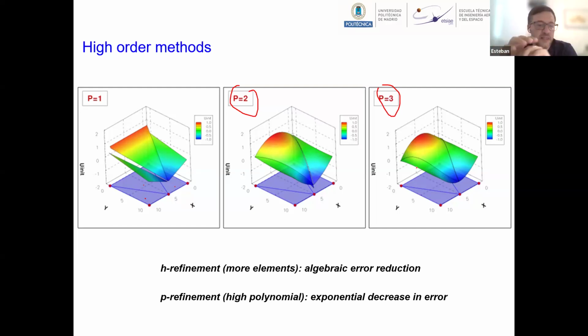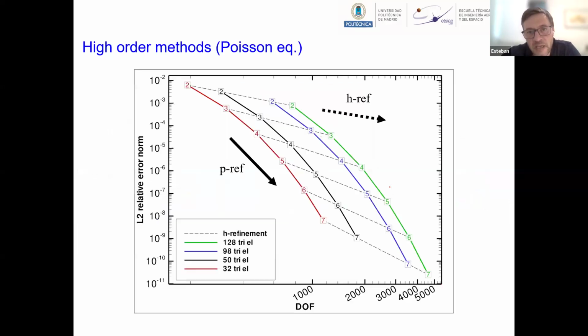Of course, one can think, why would you increase the polynomial if you can increase the number of elements? Well, there are two ways, indeed, to get a better solution. One is to add more triangles. The other one is to just increase the polynomial by fixing the number of triangles. A motivation to do one or the other can be seen here.